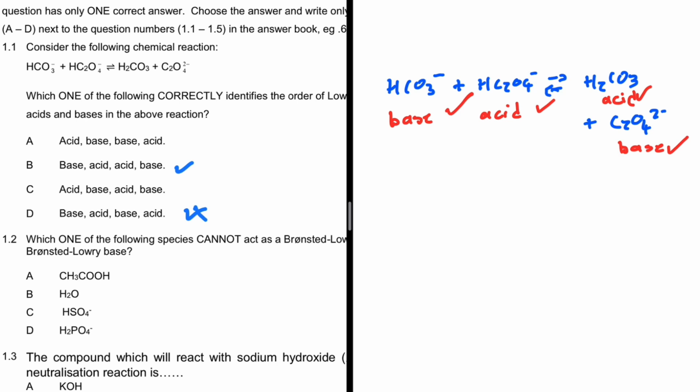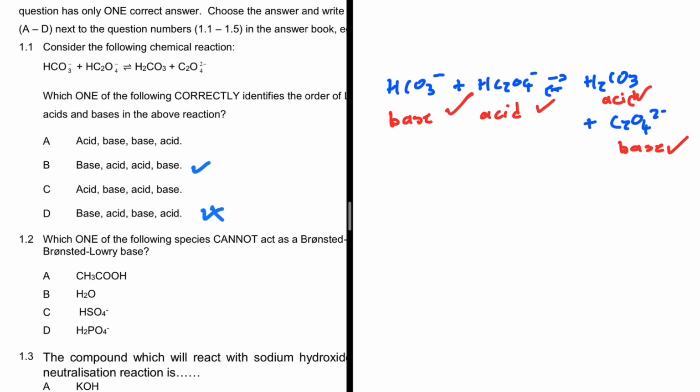We have base, acid, acid, base. So there we go. For the most part, you just need to identify one acid. As soon as you identify one acid, everything else is easy to figure out, because if you have an acid, then it's the reaction with the base, and then the conjugate acid and the conjugate base. But anyway, that is 1.1. So for 1.1, the answer is B.